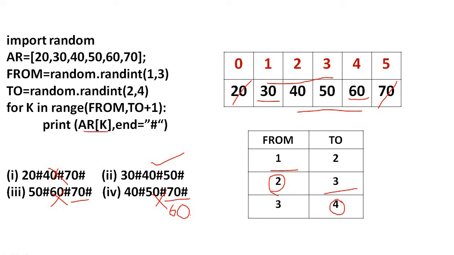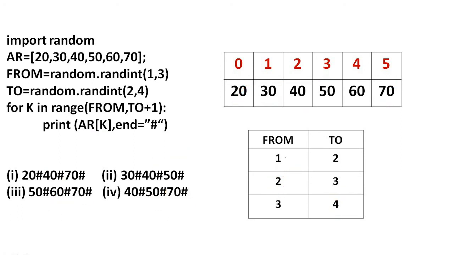First possible output, when from is 1 and to is 2. 1, 2. That is 30 hash, 40 hash. The next one is 1, 3. That is 30 hash, 40 hash, 50 hash. Then 1, 4.